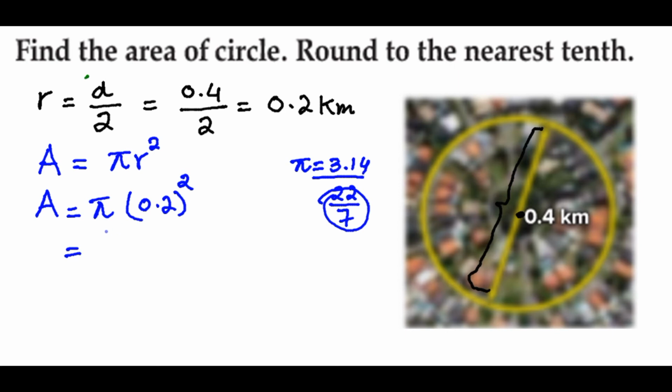The answer on the calculator is going to be 0.1256, but we have to round it to the nearest tenth. Since the hundredths digit is 2, we don't need to add 1, so it's going to be just 0.1 kilometers squared. Why squared? Because it's area.